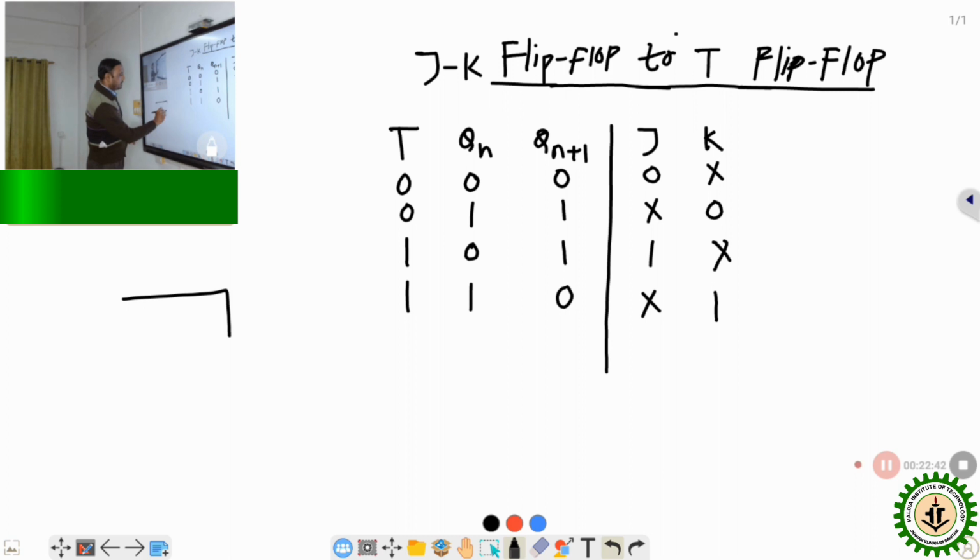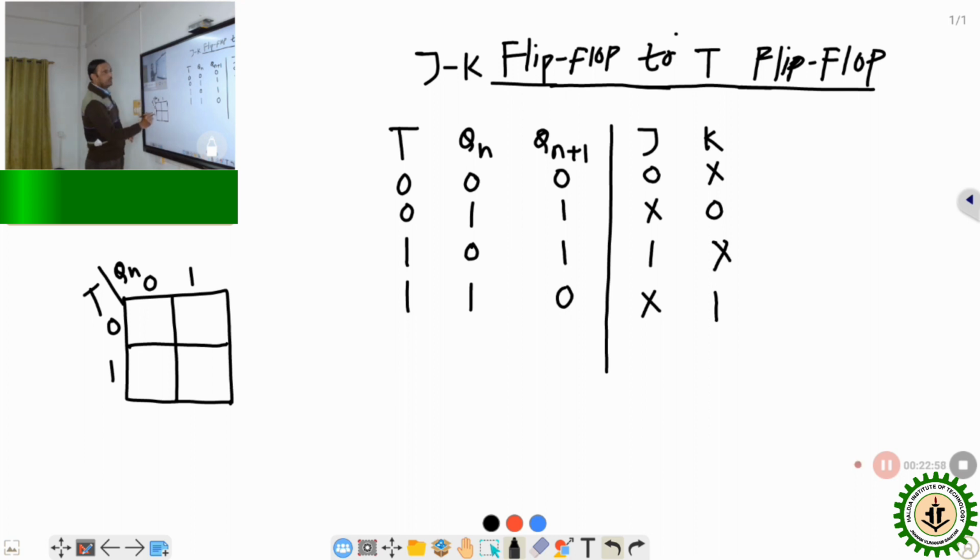I am drawing the K map again. T Qn 0 1 0 1. So 0 don't care, 1 don't care. It is for J. So J will be, 0 1 will be eliminated, T.